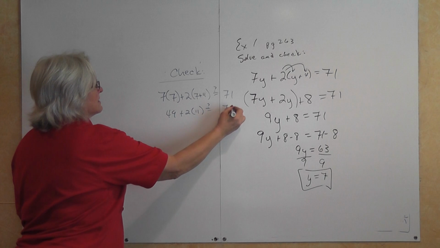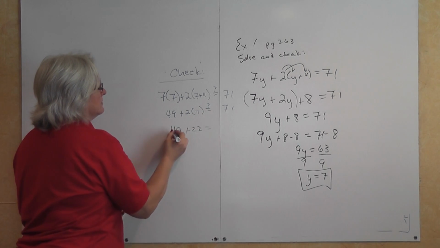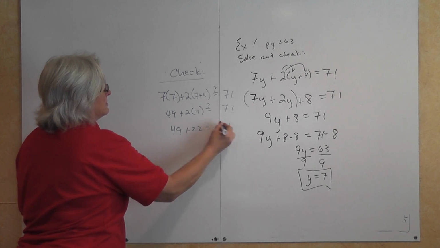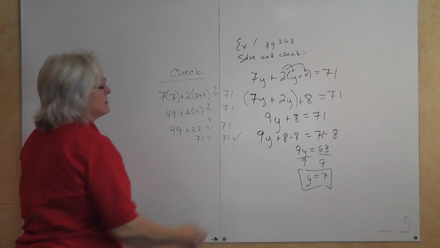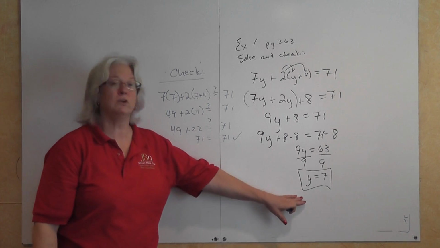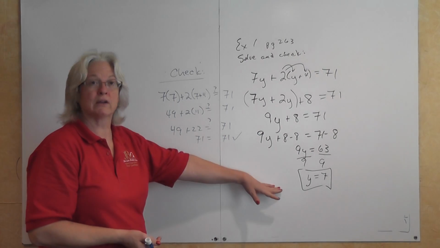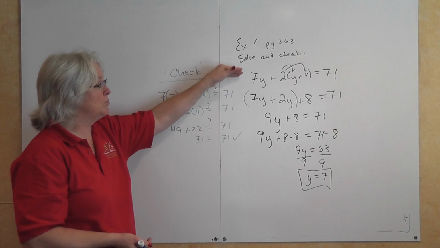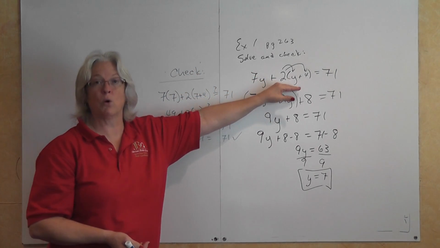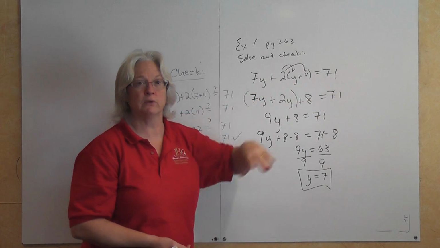Is that equal to 71? 49 plus 22 is definitely equal to 71. So our value of 7 for y is a correct solution to our original equation, which was 7y plus 2 times the quantity y plus 4 is equal to 71.